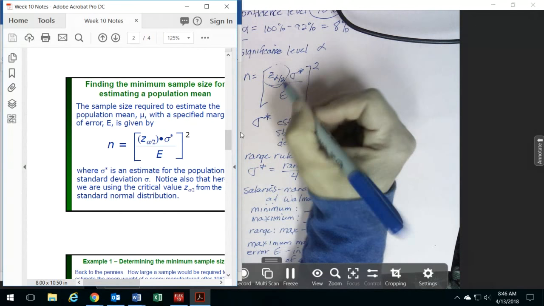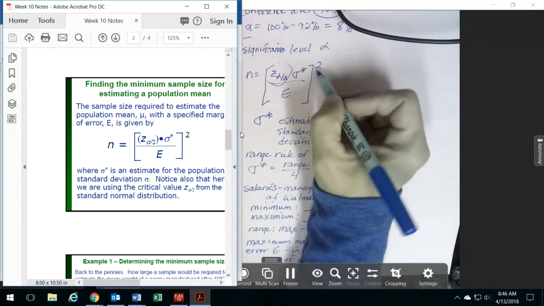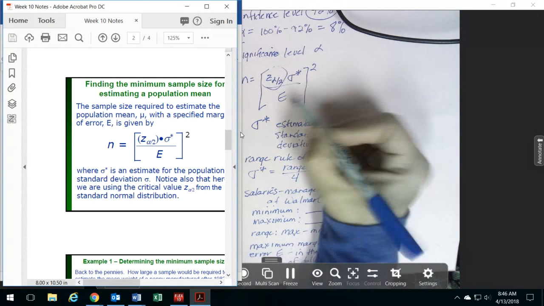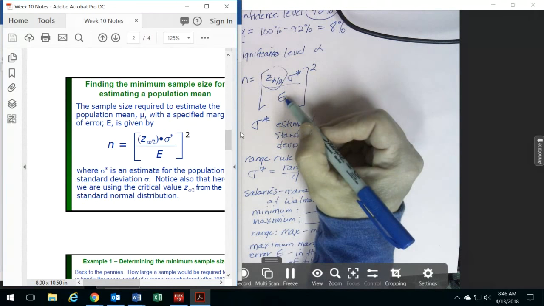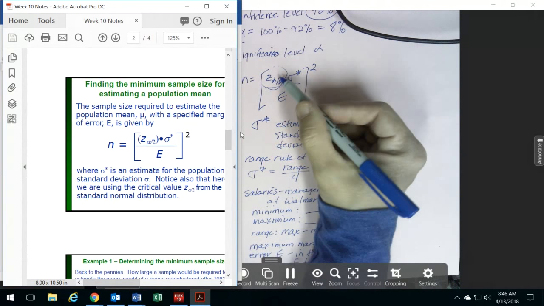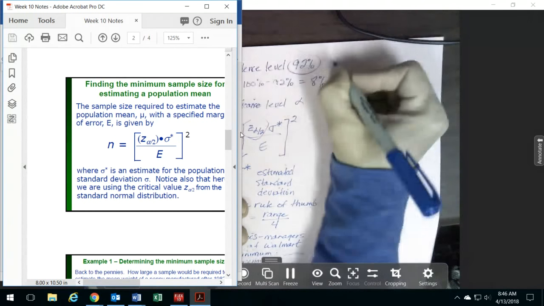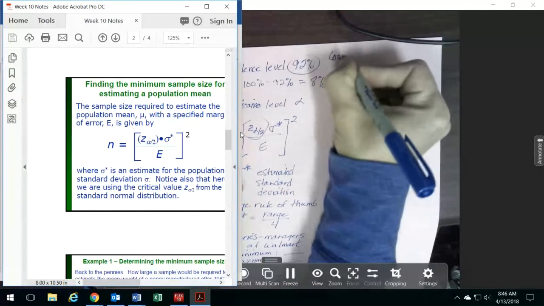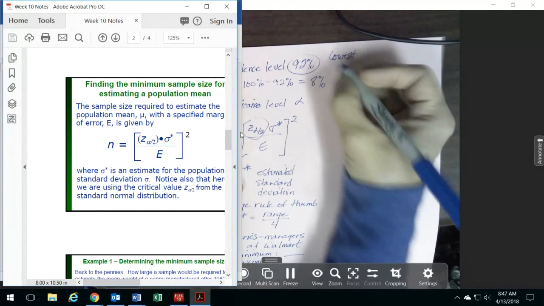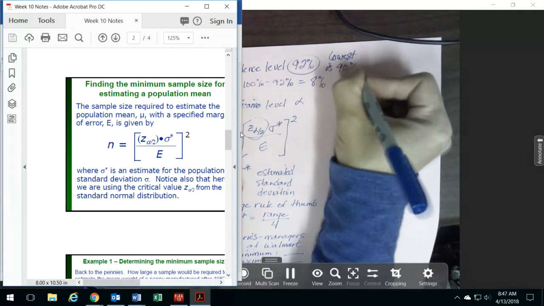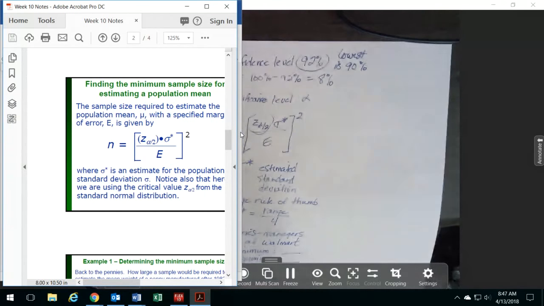So if you put your numbers into this formula and this comes out to be way too big, then what that means is either you've made your margin of error way too small, or you've made your confidence level too high. Now for confidence levels, probably the lowest that we want to go would be 90%. Anything less than that is really not going to be good, since we're thinking about presenting evidence for a trial.